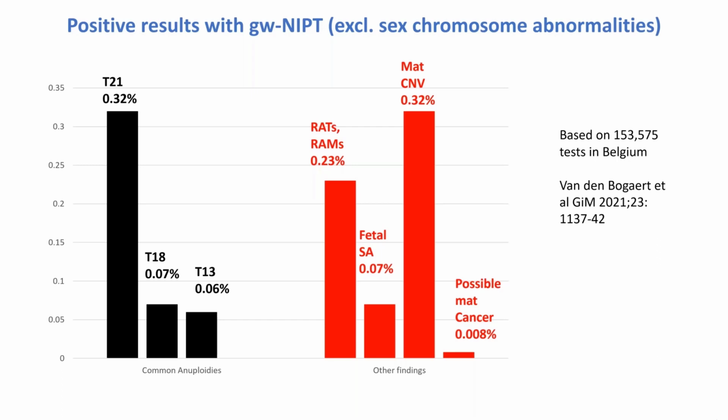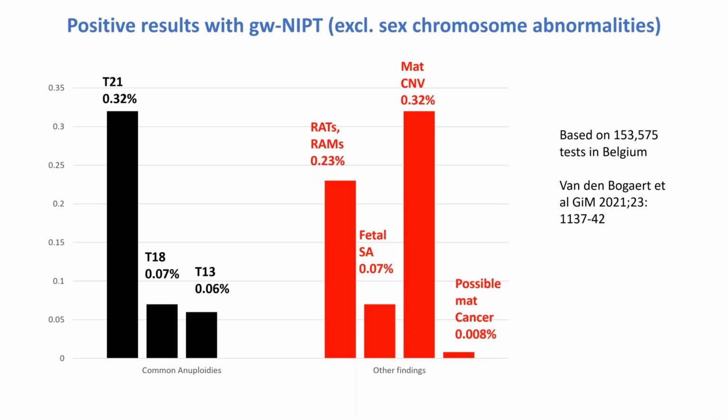They've got very high positive predictive values. In a total population, based on some Belgian data, you can expect about 0.32% of the cases to be positive for trisomy 21, about 0.07% trisomy 18, and about 0.06% positive for trisomy 13. So these are positive tests. They're not actual abnormalities detected.